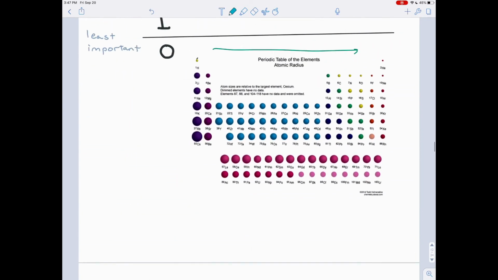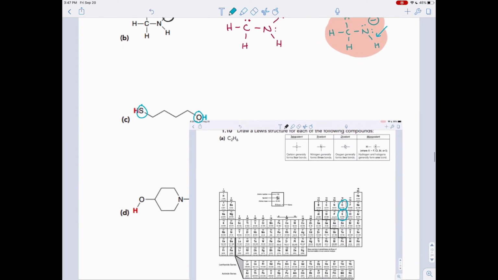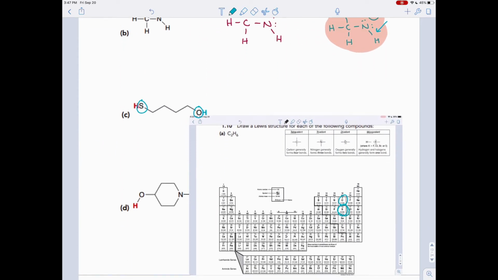And our rule was that in a column, hydrogen on an atom further down is more acidic. So sulfur is further down, so the red hydrogen here will be more acidic. That's on an atom that's further down.